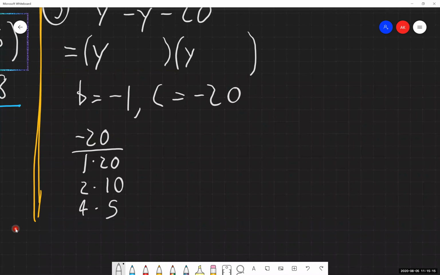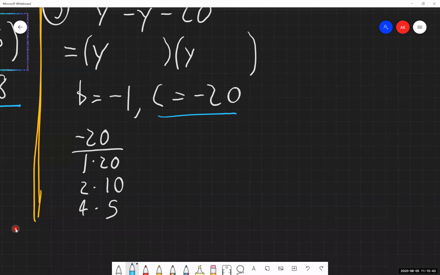Now I need to determine which column is positive, which column is negative. Are they both positive? Are they both negative? Something like that. So this is the main example of where organizing this thing is crucial. Our C value is negative. So that tells me that the signs of these columns are different.